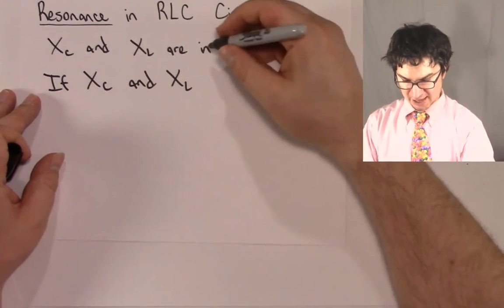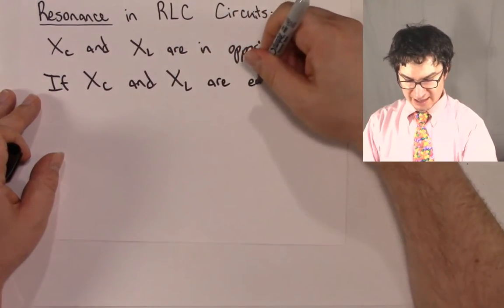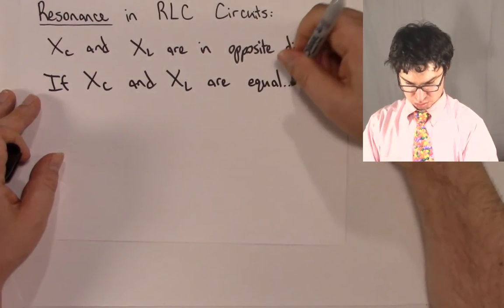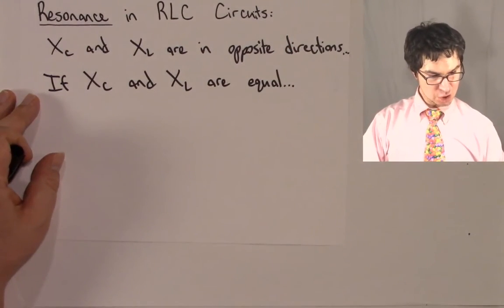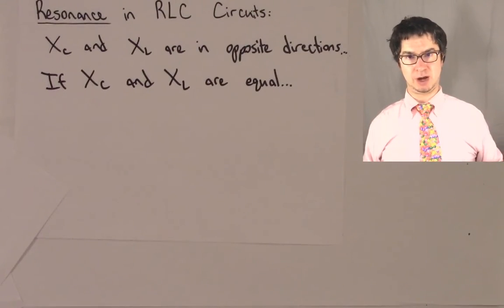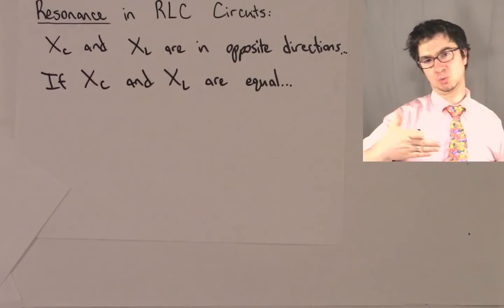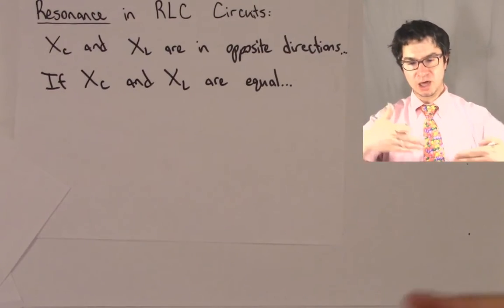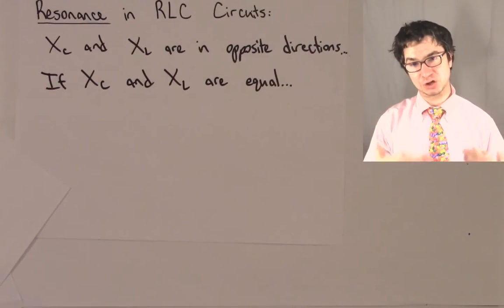If XC and XL are equal, what would that mean? That would mean that the reactances balance each other out. So one reactance is pushing one way, one reactance is pushing the other way. They're going to basically cancel each other out.